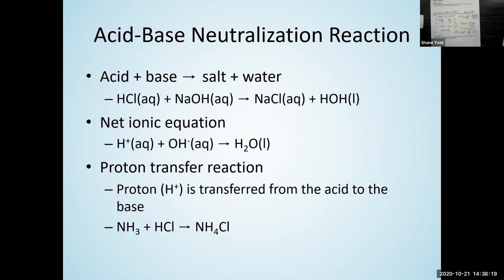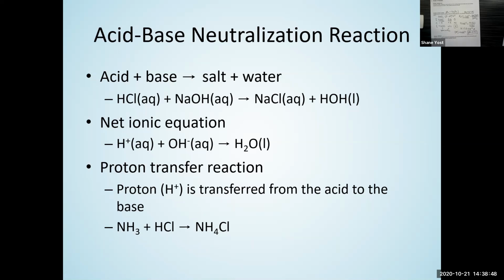The sodium is just a spectator ion, a passenger, if you will, in that acid-base reaction. But ammonia here is the base in this bottom reaction, so it's accepting the proton, and it forms NH4 plus and Cl minus, which is a salt in solution. And again, this acid-base neutralization reaction occurs only between acids and bases that are not conjugate acid-base pairs.